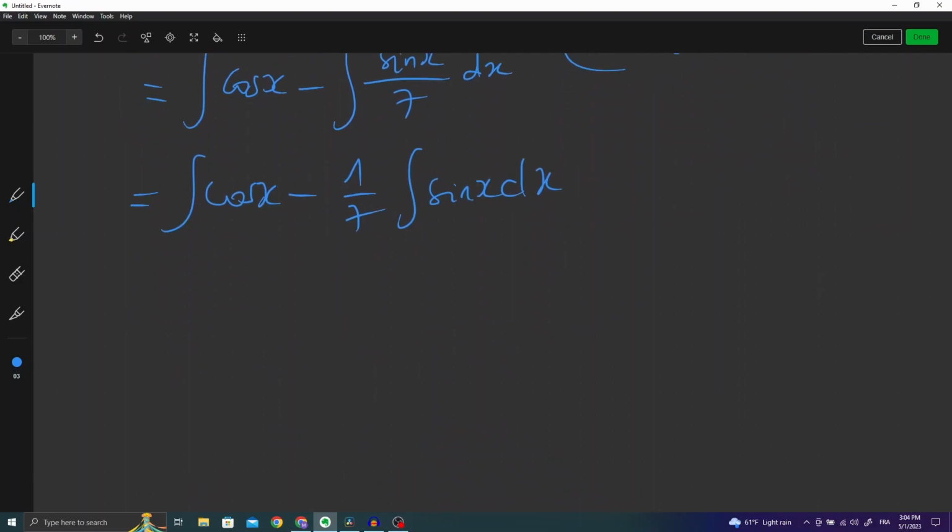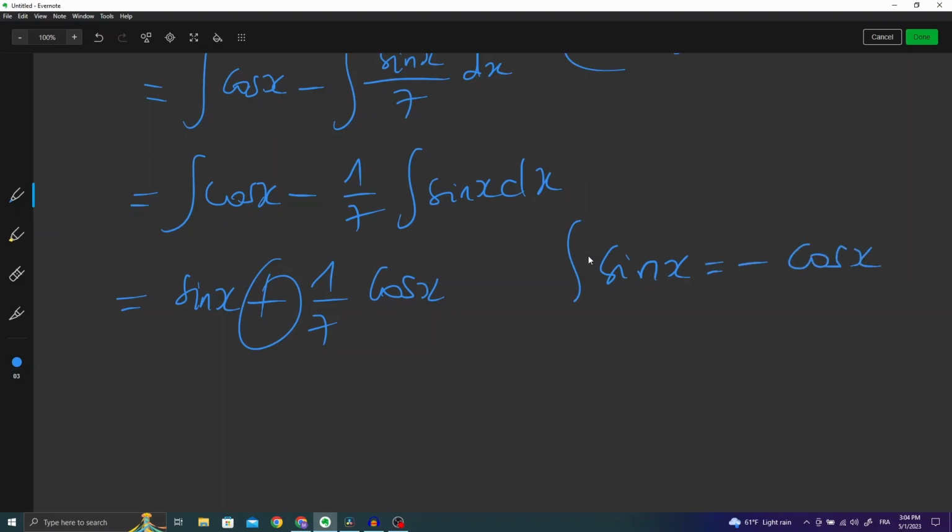Therefore, the integral of cosine of x is sine of x, and we have plus 1 over 7 cosine of x, because the integral of sine of x is minus cosine of x. Minus with minus gives us plus, and this is sine of x plus 1 over 7 cosine of x.